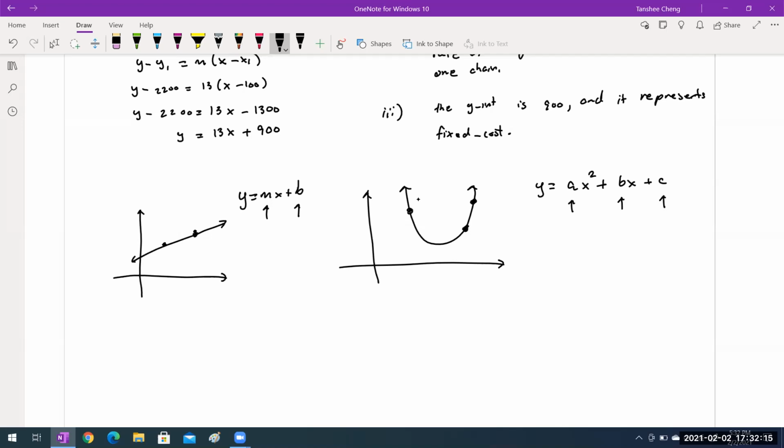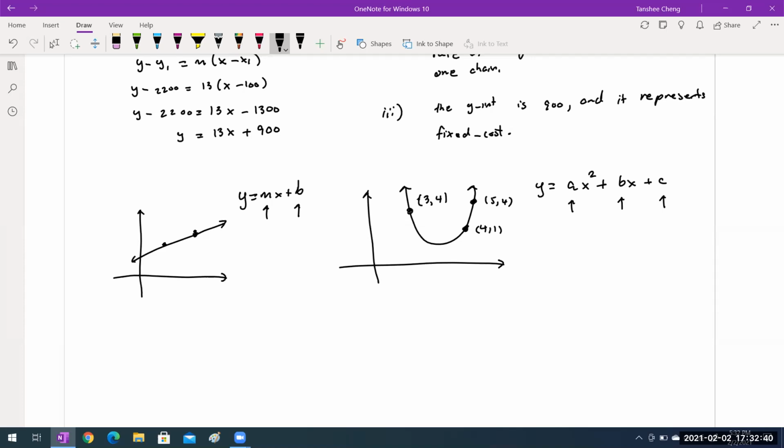So for example, how do we deal with that? Let's say this point is (3, 4), and this point will be (4, 1), and this point will be maybe (5, 4), something like this.